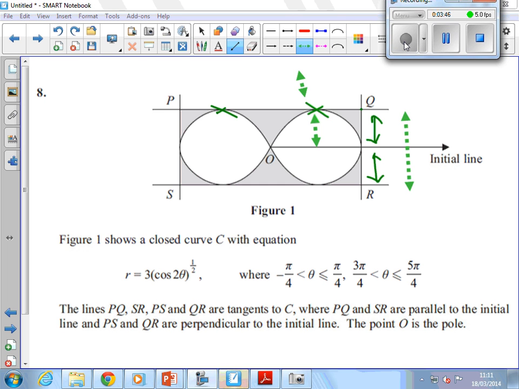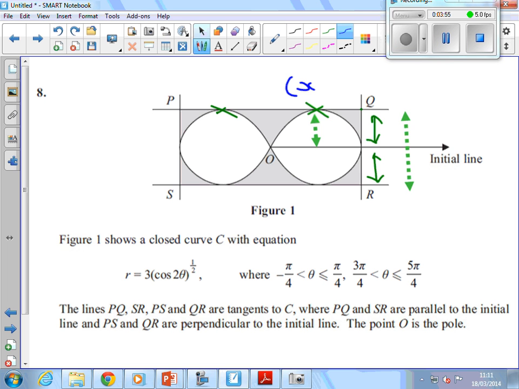Now in order to obtain that distance, we need to work out the x and y. Well, in fact, we only need the y coordinates of the point on the curve where the tangent is parallel to the initial line.